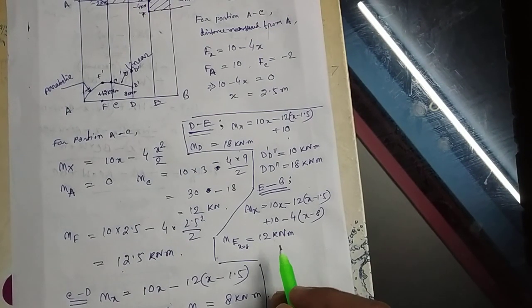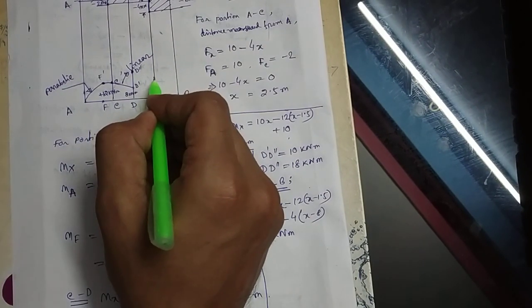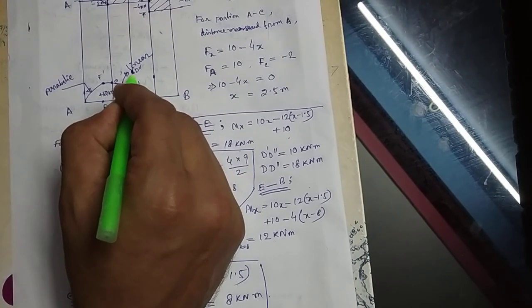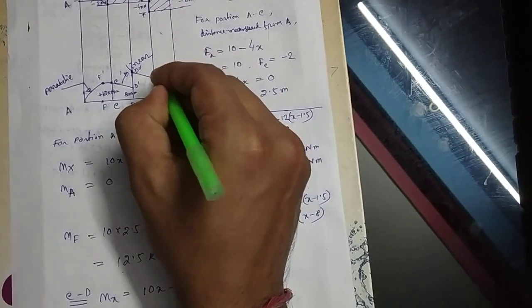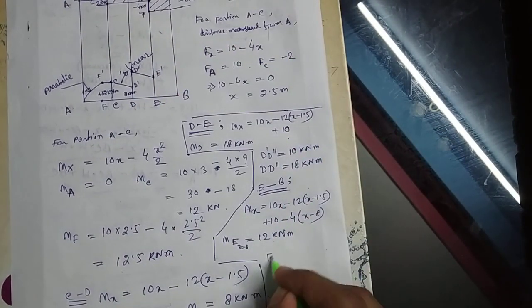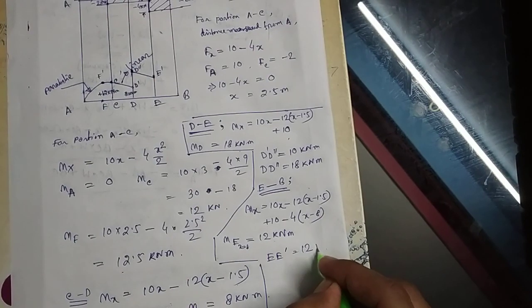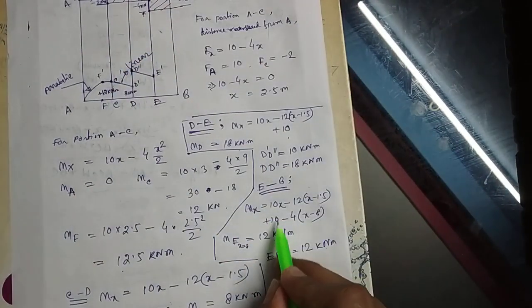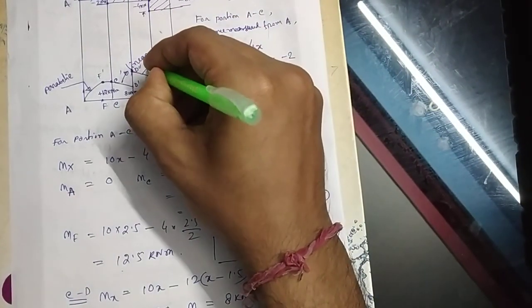Okay. So ME will decrease in a linear way. So EE dash is 12 kilonewton meter, and the change here we find is linear.